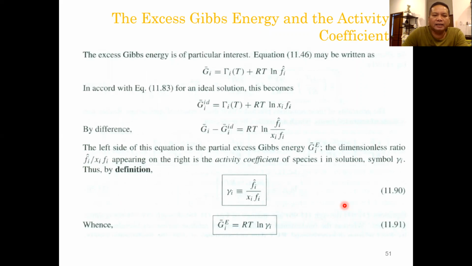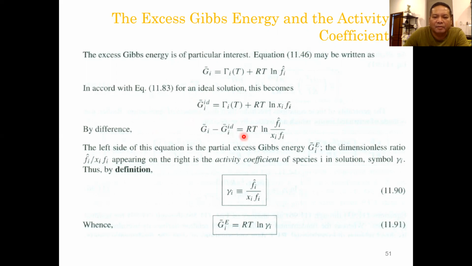Okay, the excess Gibbs energy is of particular interest. The equation will be written as, right, so we do it again here. In this form here, we have the ideal solution, and then we find the deduction here. When we deduct here, what is this, guys? This is a GE, isn't it?